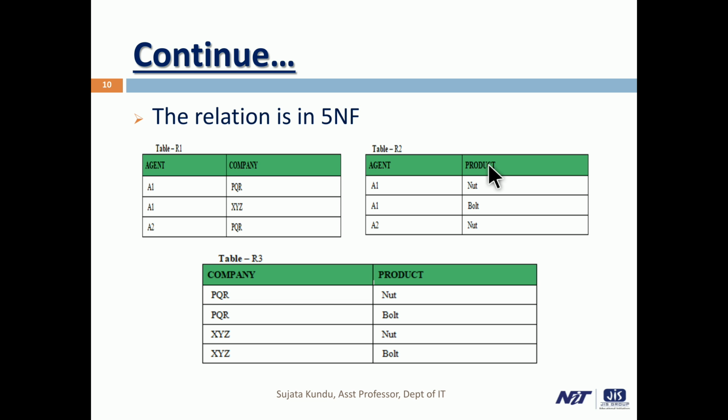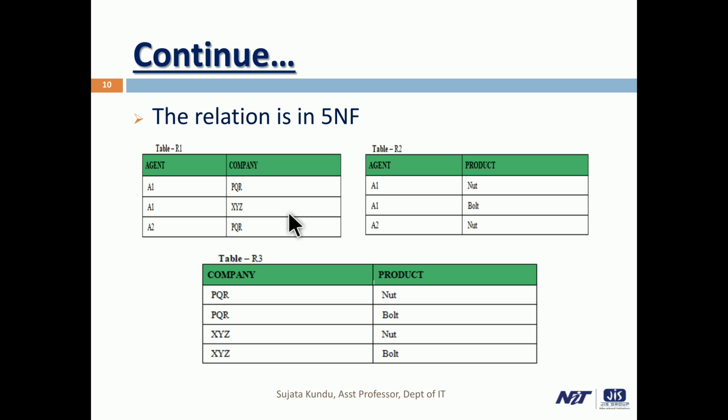Hence, in this example, all the redundancy is eliminated, because if you divide this table into these three parts, there will be no redundancies. As well as, the decomposition of the main table, that is ACP, is a lossless join decomposition. Therefore, this relation holds all the normal form conditions.